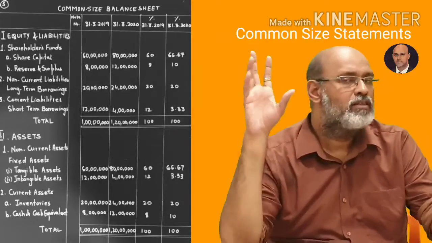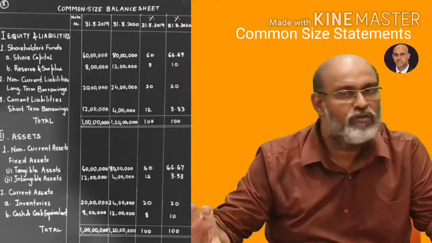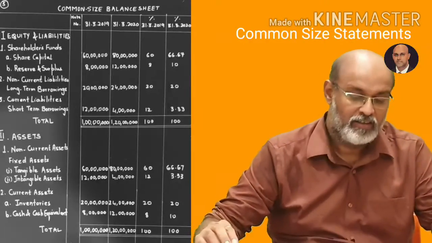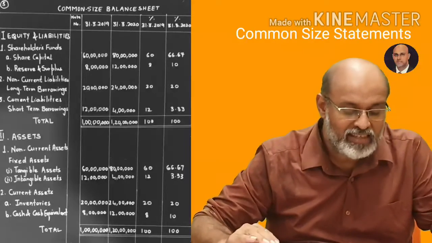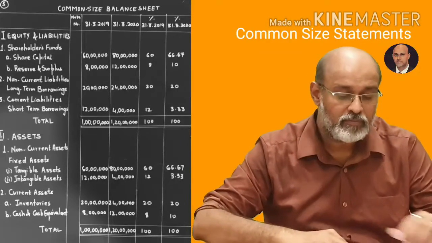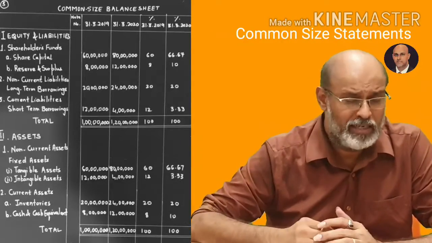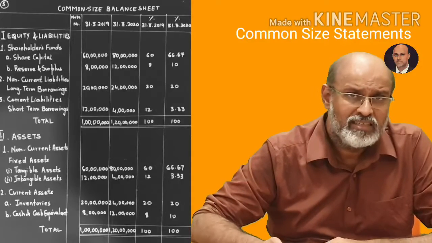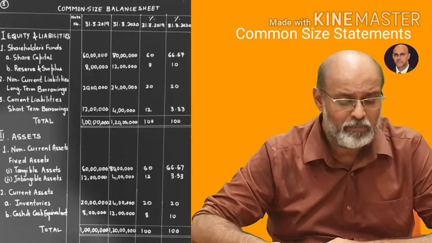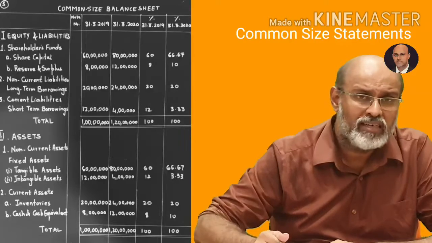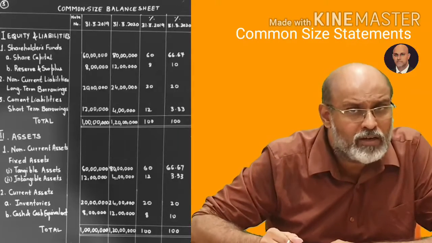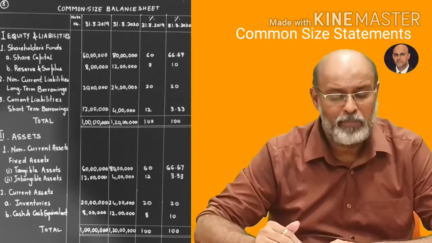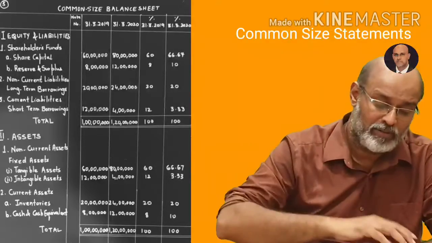So similarly, the total of your assets also will be 1 crore 20 lakhs. Okay, so it will be 80 lakhs divided by 1 crore 20 lakhs multiplied by 100, that is 66.67%. Then 12 lakhs divided by 1 crore 20 lakhs multiplied by 100, that is going to give you 10%.